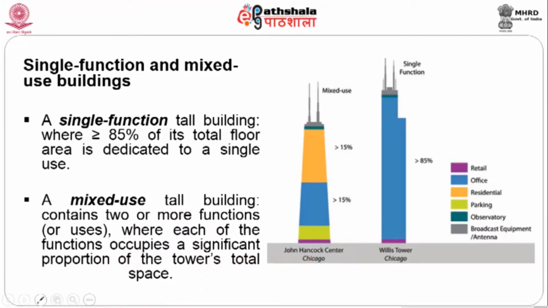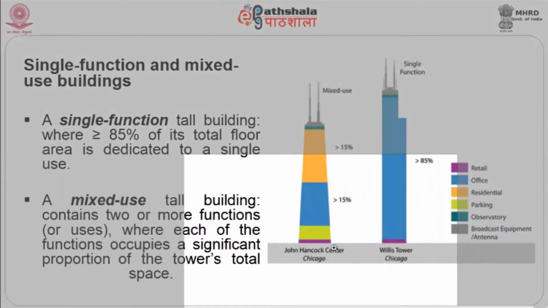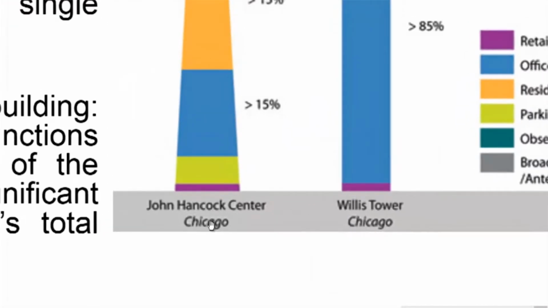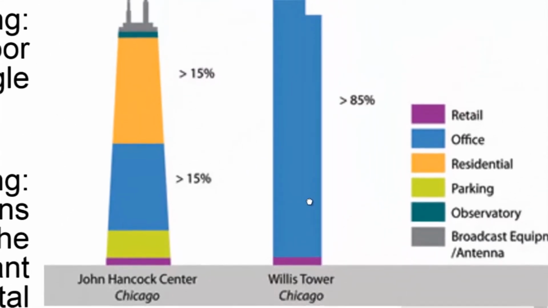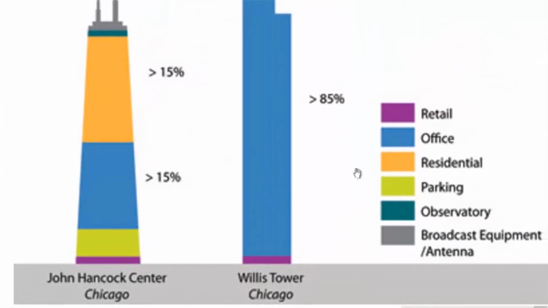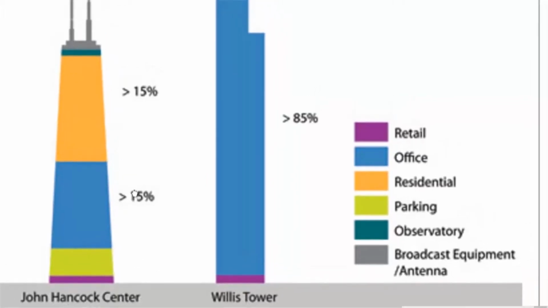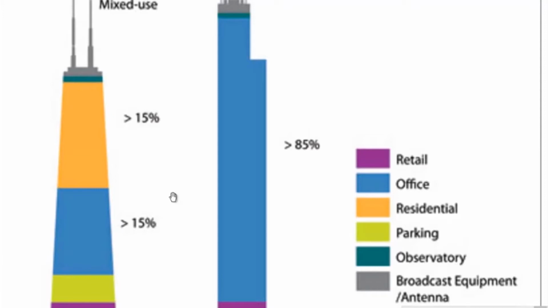Here we have two examples for us: John Hancock Center, Chicago and Willis Tower, Chicago. In the first example, it is evident that a great proportion is going for residential and an equal proportion for office, and then we have parking and retail, whereas the second is predominantly for office purpose.